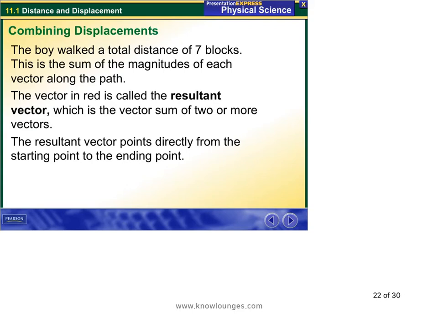The vector in red was called the resultant vector, a term I used a while ago. The resultant vector is the vector sum of 2 or more vectors. The resultant vector always points directly from the starting point to the ending point.